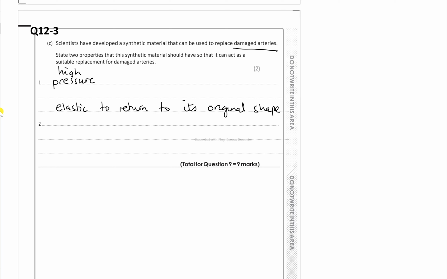You've got to make sure it doesn't cause any immune response, so the body doesn't start attacking it, and it doesn't cause blood clots, because normally implants do cause blood clots.